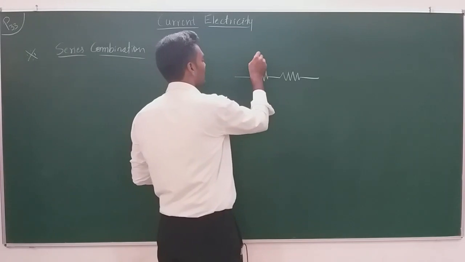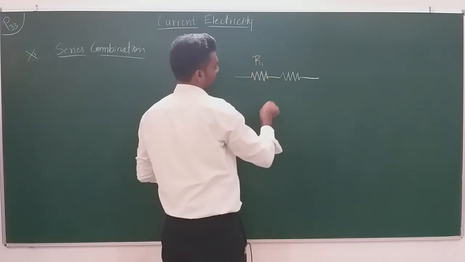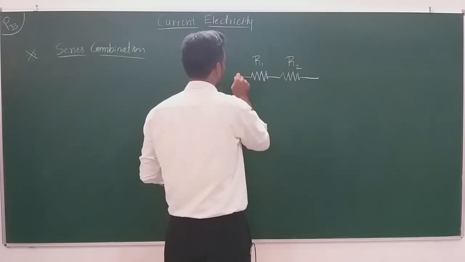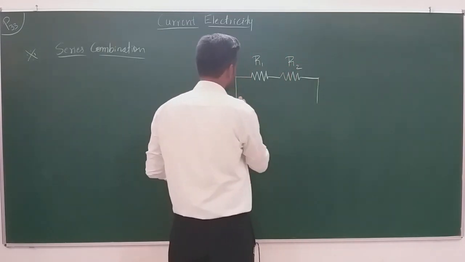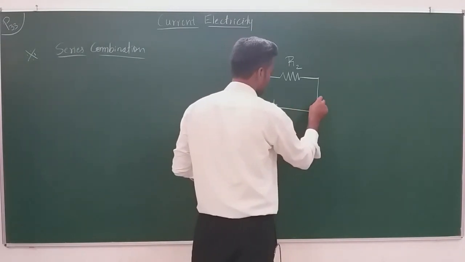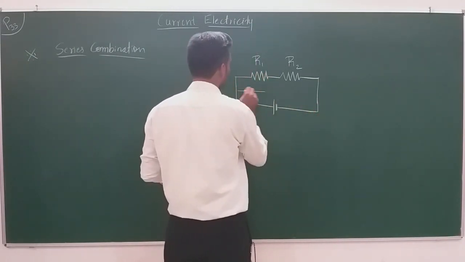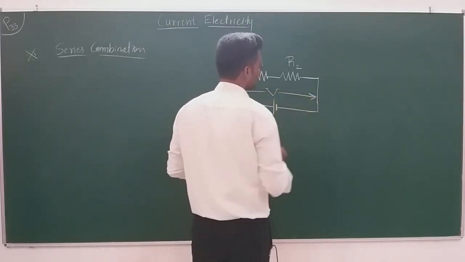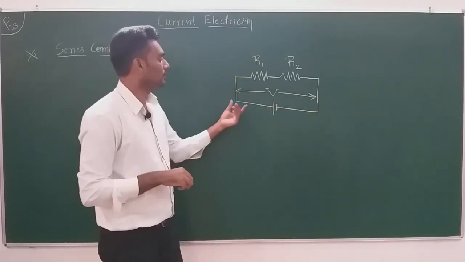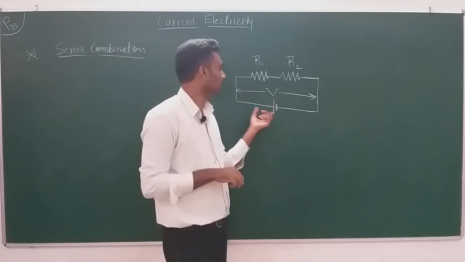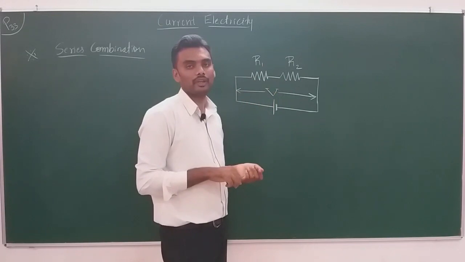Let the resistance of the first resistor be R1, let the resistance of the second resistor be R2, and let them be connected to a battery of potential difference V volt. Okay. So, V volt is the potential difference or EMF of the battery connected across the combination.